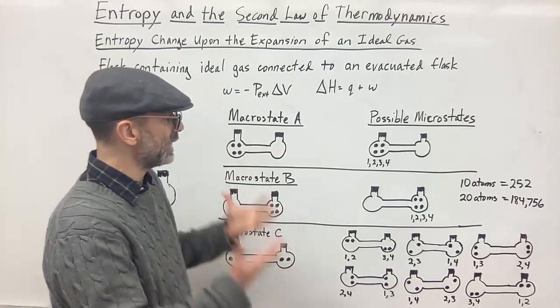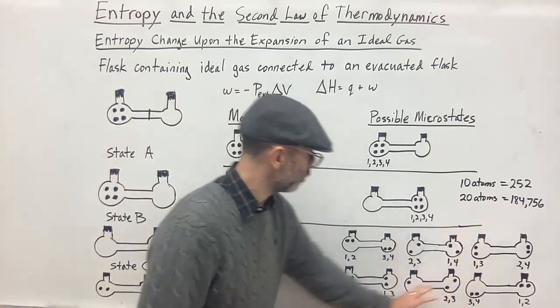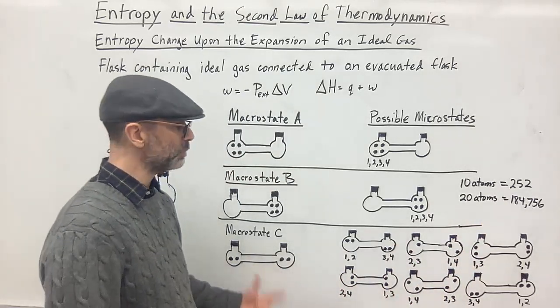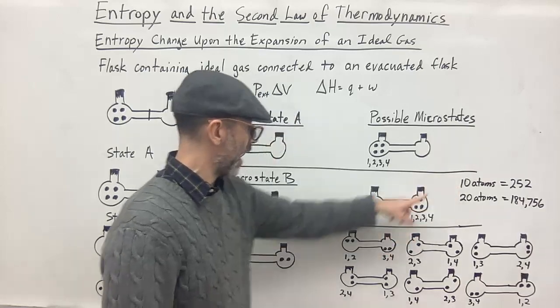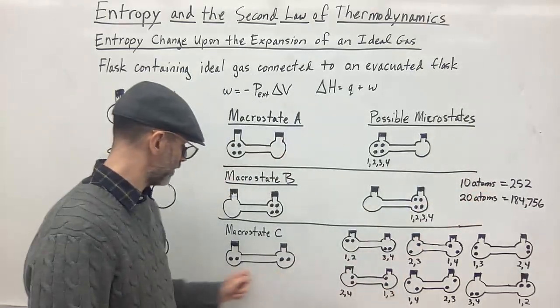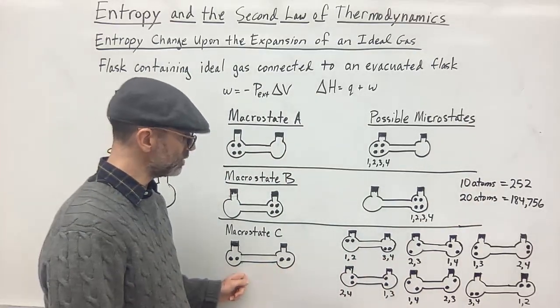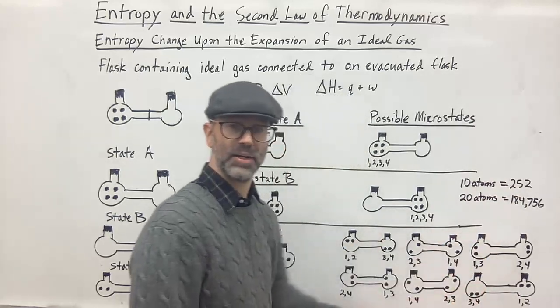So as we increase the number of particles, the number of microstates for macrostate C increases exponentially. You can see that if we use 10 atoms and we divide them evenly between the two flasks, that would give us 252 of these microstates.